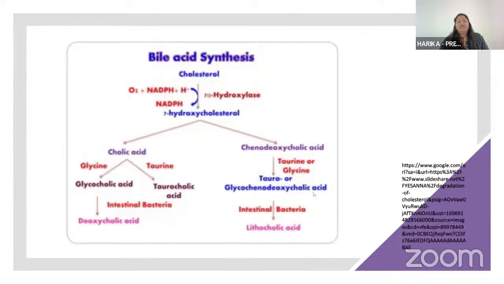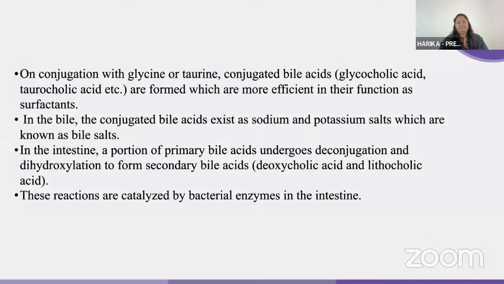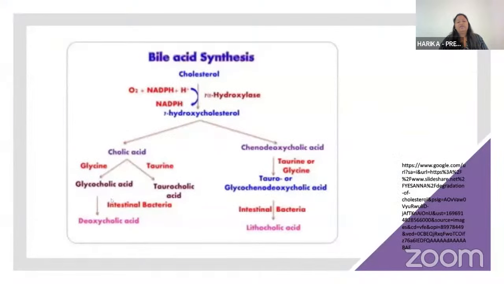In the presence of intestinal bacteria, cholic acid is ultimately converted into deoxycholic acid, and chenodeoxycholic acid is ultimately converted into lithocholic acid. As I have told you, on conjugation this happens, and the end products are deoxycholic acid and lithocholic acid.